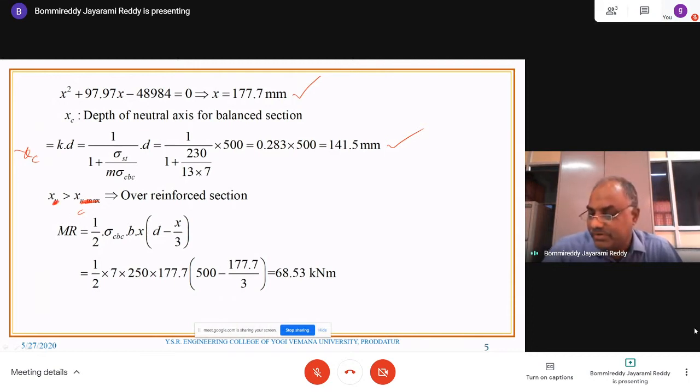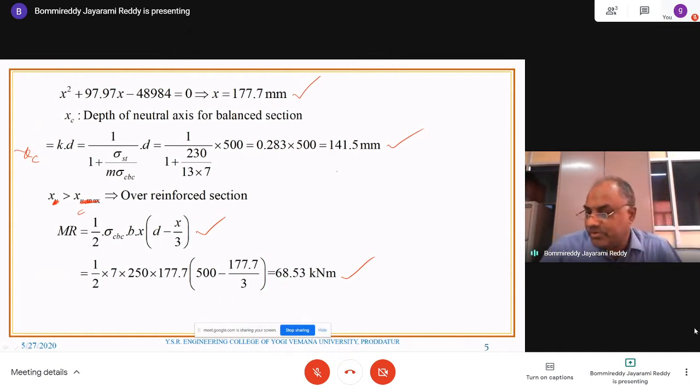Once it is over reinforced section, the moment of resistance is governed by the concrete, that is half into sigma CBC b x (d minus x by 3). Just now we have seen this particular formula. After substitution of all these values, you will get moment of resistance equal to 68.53 kilonewton metres.